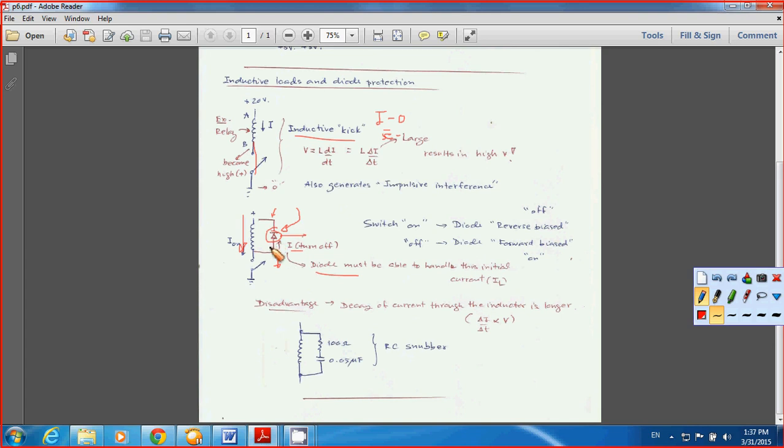And this is just like an open circuit here. Now when you open the circuit here, you have no current, so you have the voltage building up, and you have a higher voltage here compared to this one, so the diode becomes just like a closed circuit, or starts to conduct. So you have the current bypass flowing through your diode here. That's how it works against inductive kick.